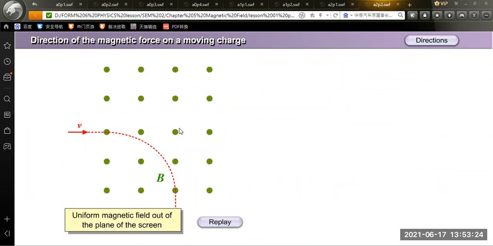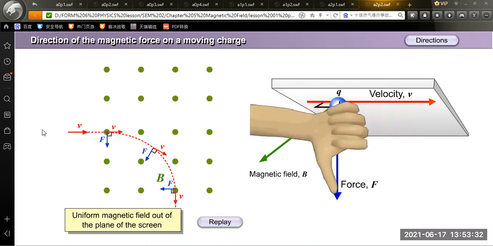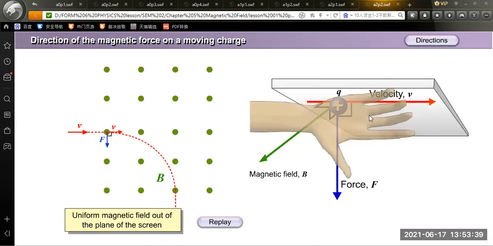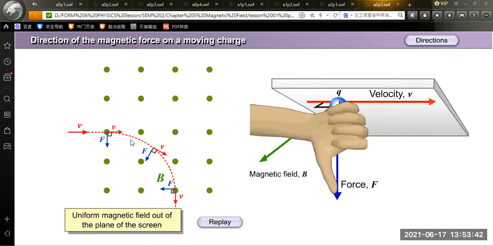By using the right hand rule, the direction of our fingers initially shows the direction of V. Then the magnetic field is out of the screen, so we turn our hand to out of the screen.